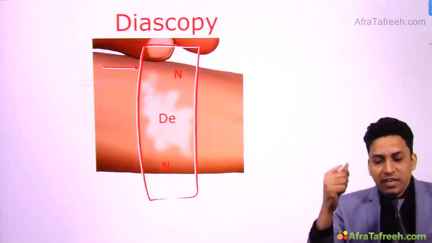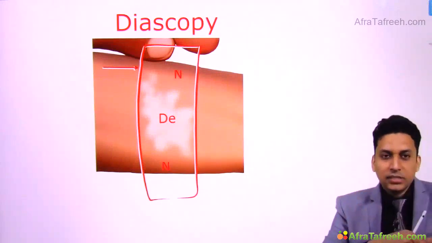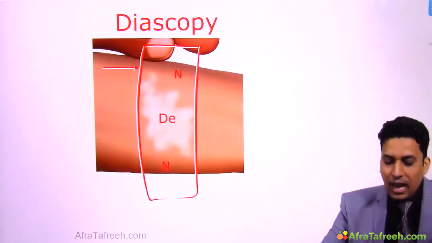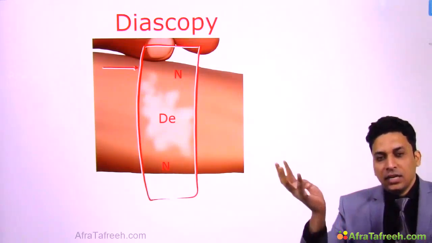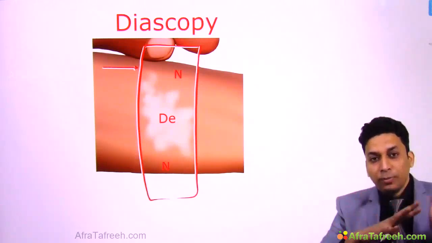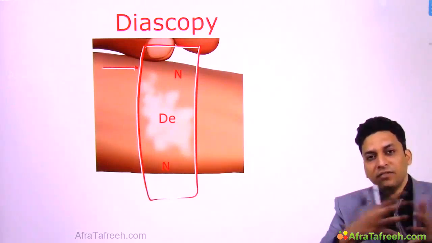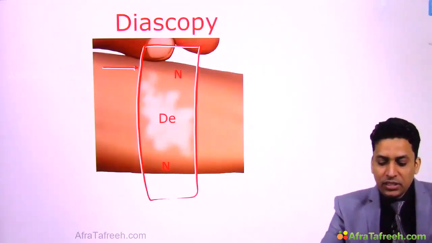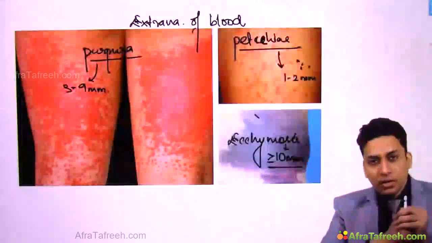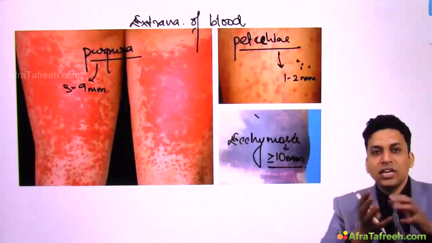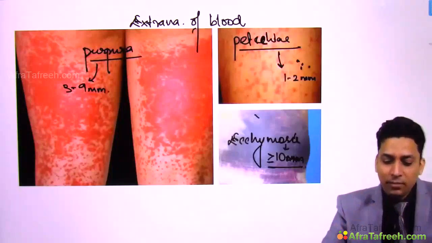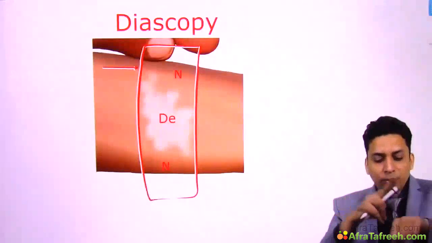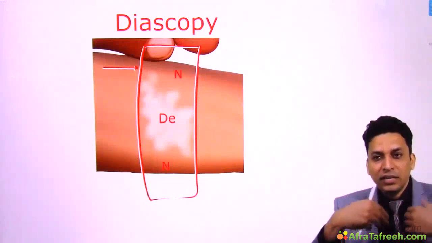Then there is one investigation I told you, that is diascopy. So diascopy is a very important investigation where you press the skin with a glass slide and you can differentiate various lesions. Okay, so just now I showed you purpura. So purpura can also be differentiated from other rashes, like in viral conditions rashes might develop, and many a times these rashes might look like purpura. Okay, so whether they are purpuric rashes or non-purpuric rashes, how to identify them? Simply do diascopy. So purpura is extravasation of the blood outside the capillary.